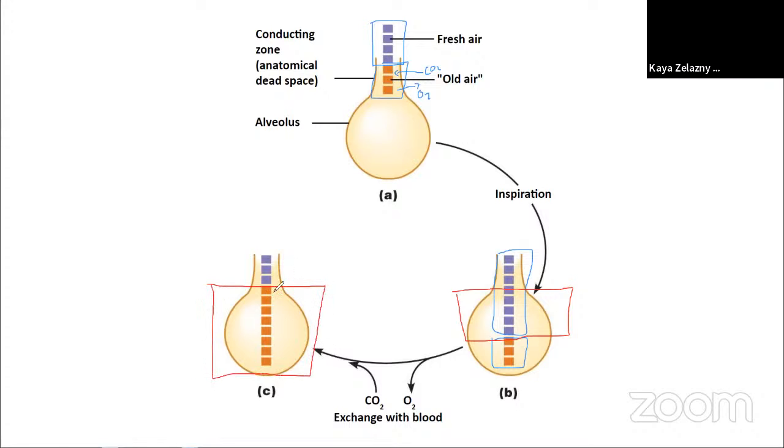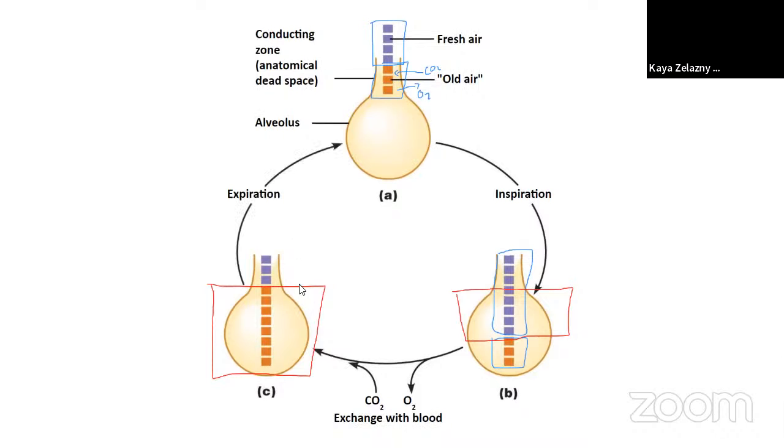Now we're calling all of that portion that has been in the alveolus old air. We sucked the oxygen out. And then we complete this as we breathe out. We breathe out some of that old air and replace it with fresh air, but some of it is still stuck in the system at the bottom of this column. So when we calculate our alveolar ventilation, we're going to be accounting for this, that some of that old air is staying in the system.